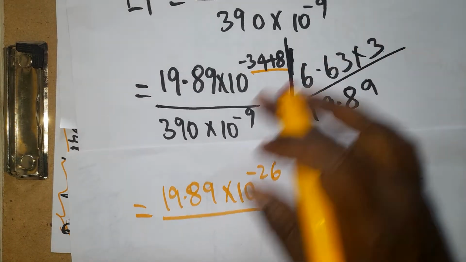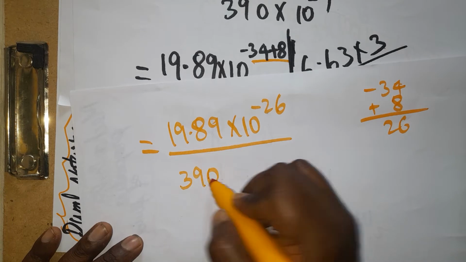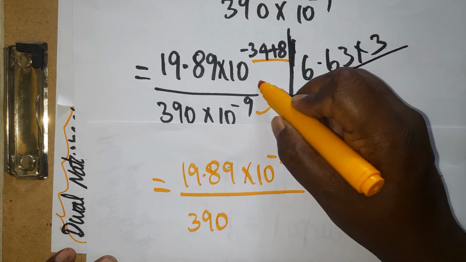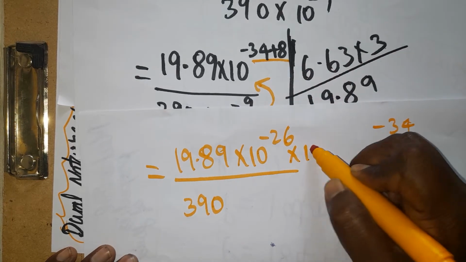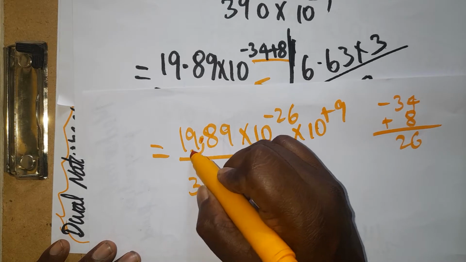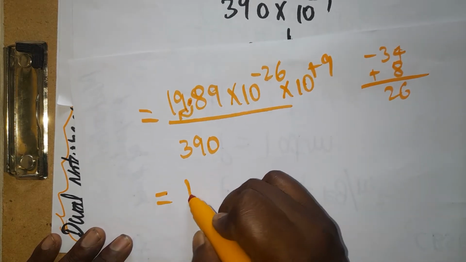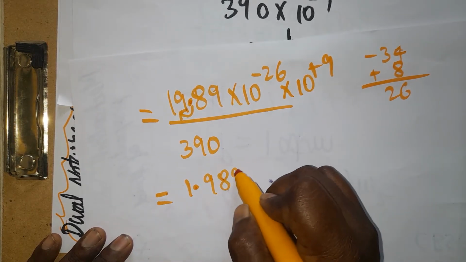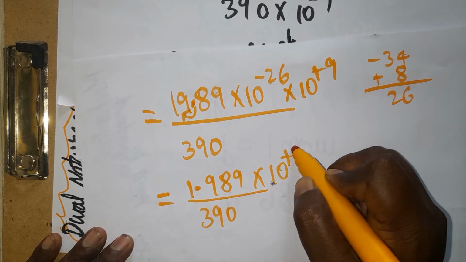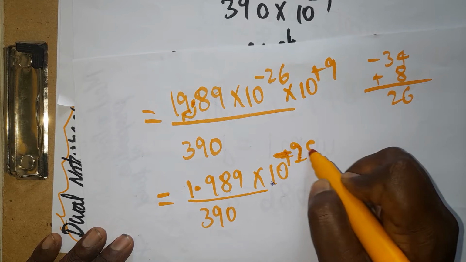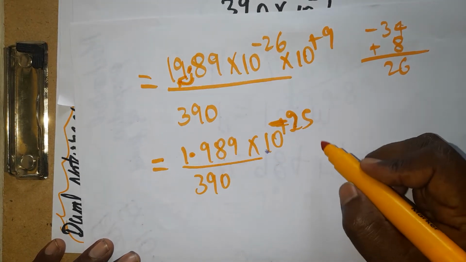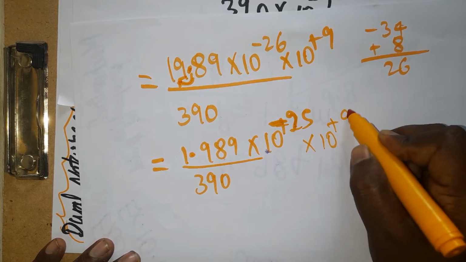Now the denominator, 390 into 10 power minus 9; if you bring it from the denominator to the numerator, it becomes 10 power plus 9. I want to move this decimal to this side. So now we have 1.989 divided by 390 into 10 power minus 25, because one decimal we moved and you can reduce one power, into 10 power plus 9.